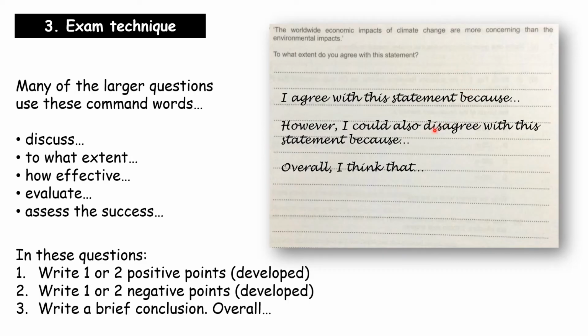But then in your second paragraph, you'd say a reason why people might disagree with this statement as well. So you've done both sides of the argument, and you would develop this side with place-specific detail. You'd develop this side with place-specific detail. And then at the end, you do a conclusion saying overall what you think.